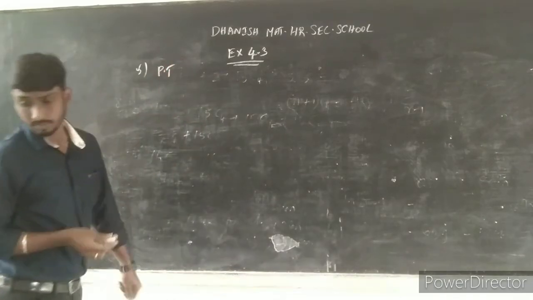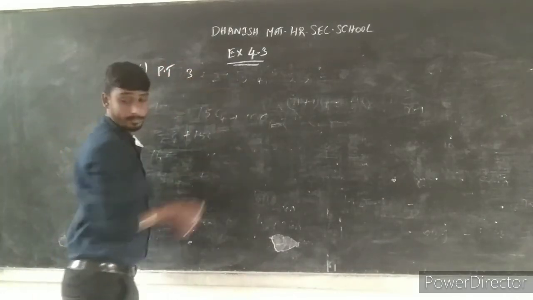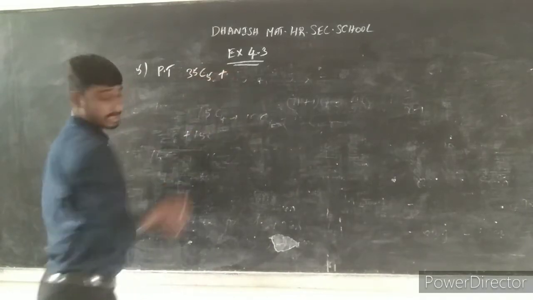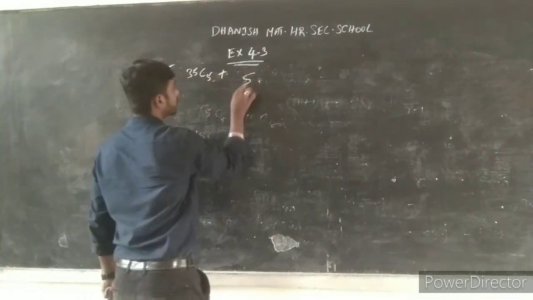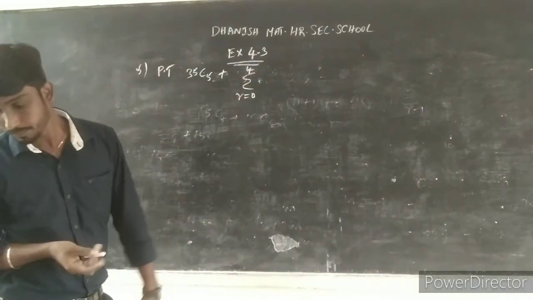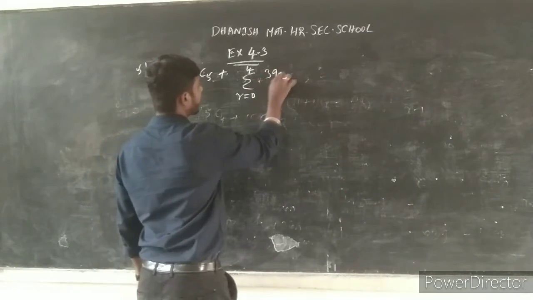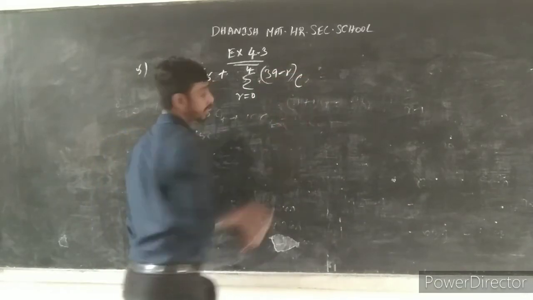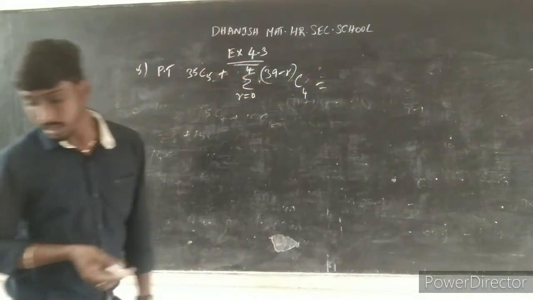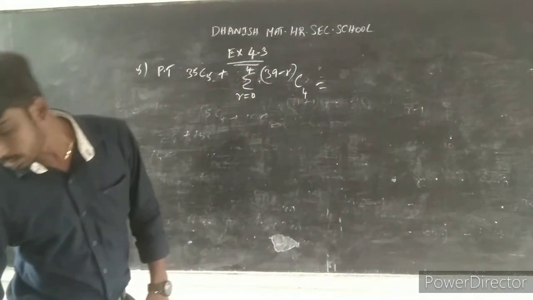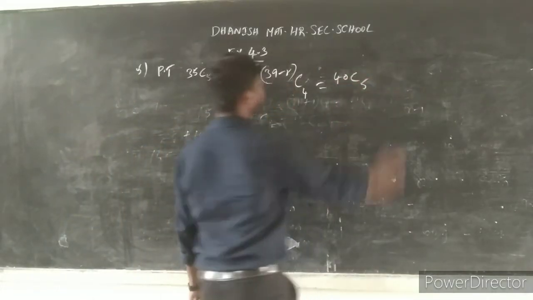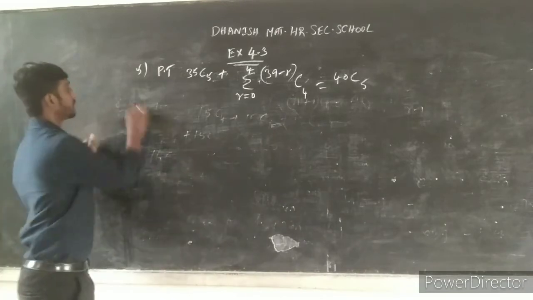Prove that 35C5 plus the summation of r from 0 to 4 of (39 minus r)C4 equals 40C5. What is the RHS value? 40C5.